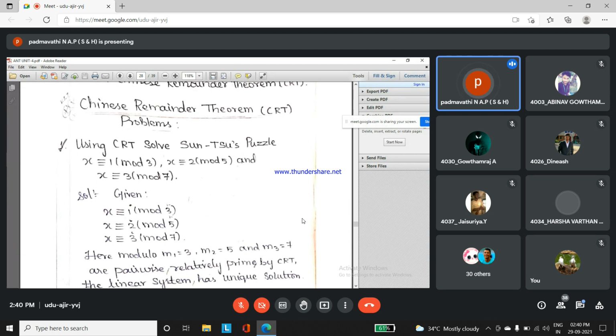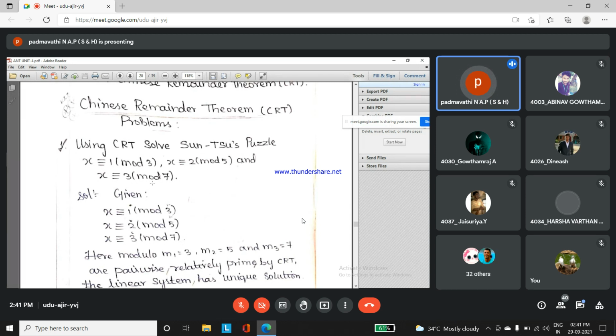Statement of the Chinese remainder theorem. Now solve: X is congruent to 1 mod 3, X is congruent to 2 mod 5, and X is congruent to 3 mod 7.